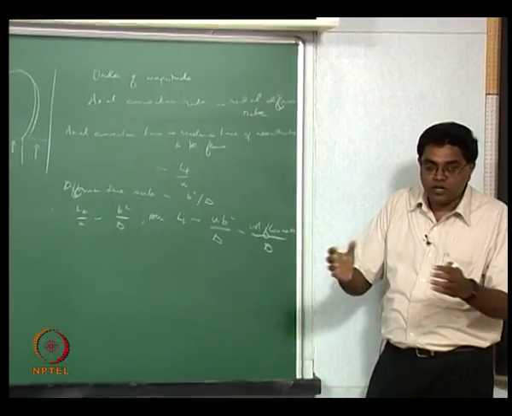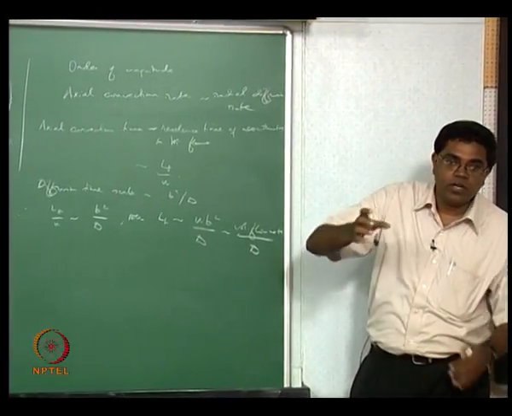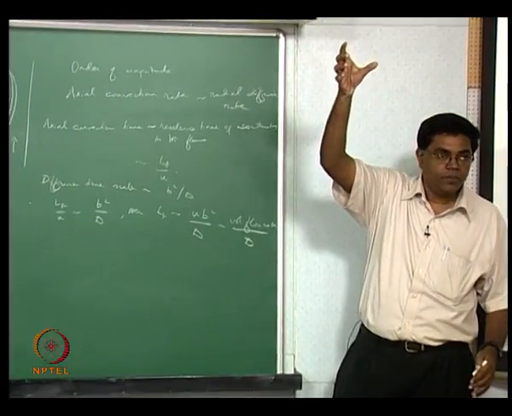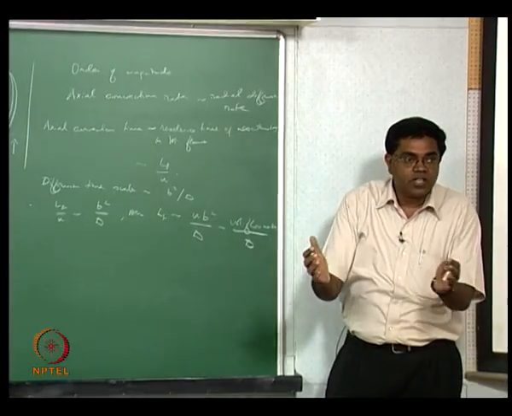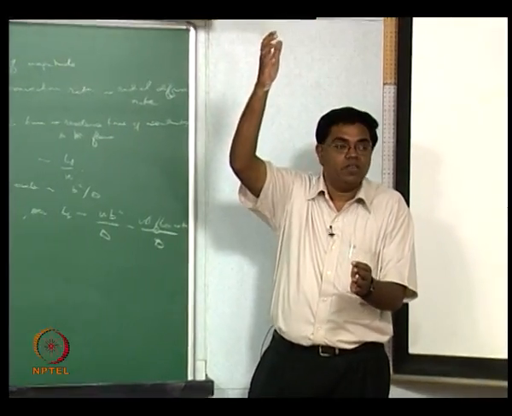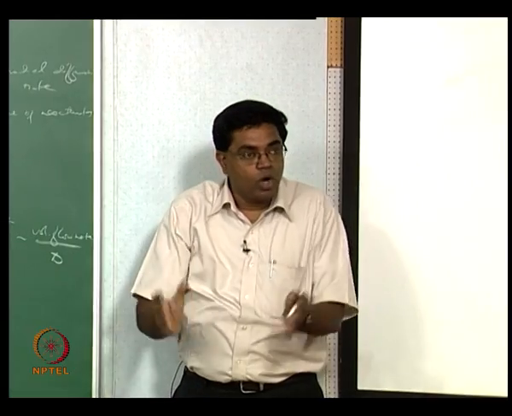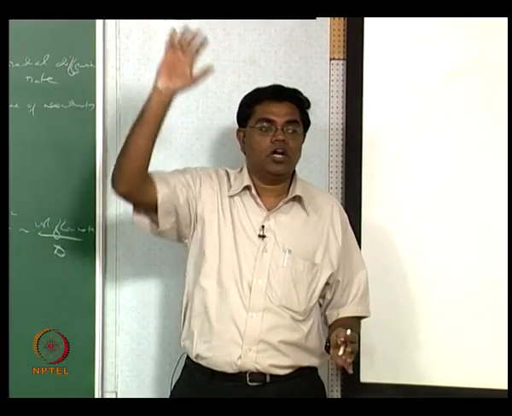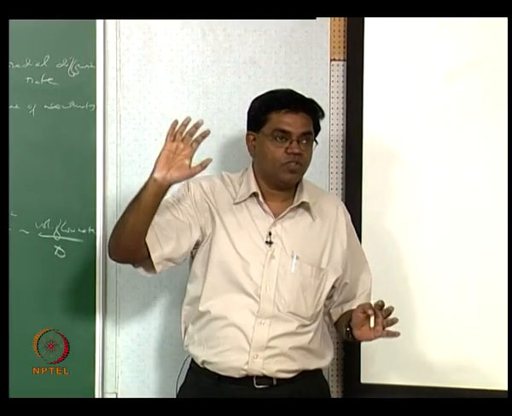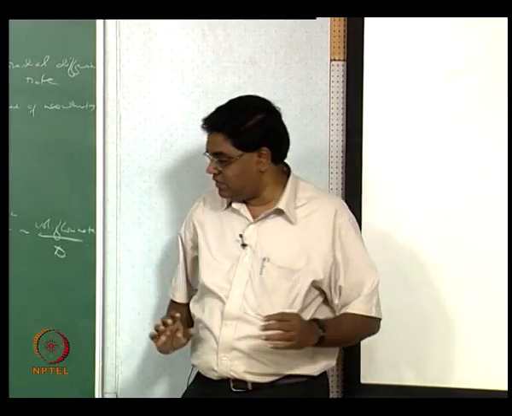So the faster the flow that's coming, the taller the flame is going to be, or the larger the duct diameter, much taller the flame is going to be, or the more the volume flow rate, the longer the flame is going to be, right. That's what it means.